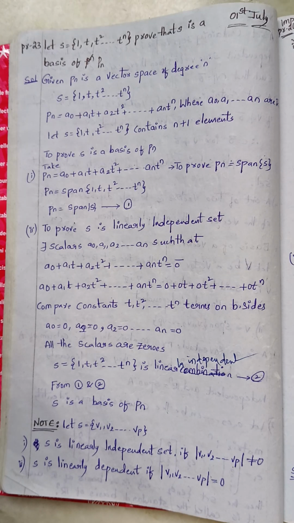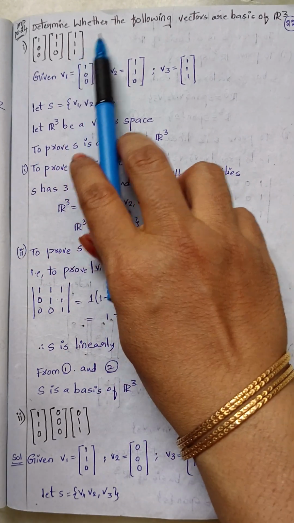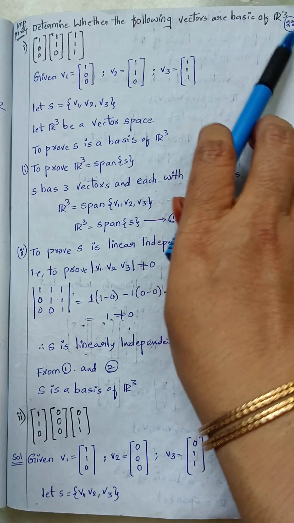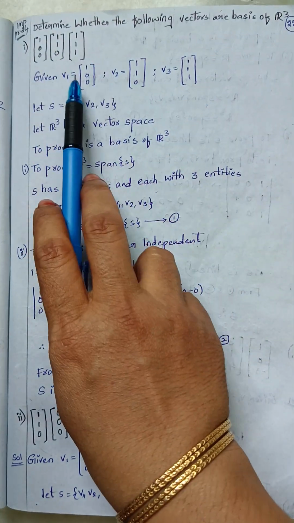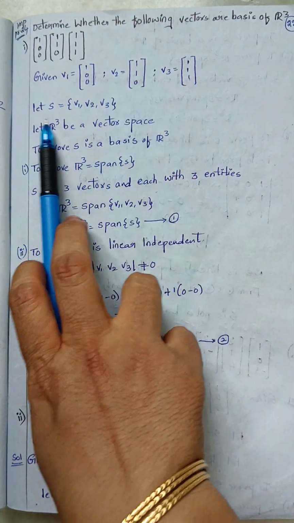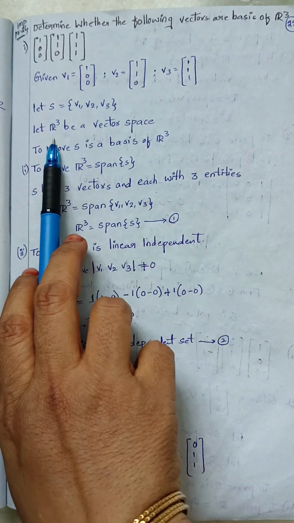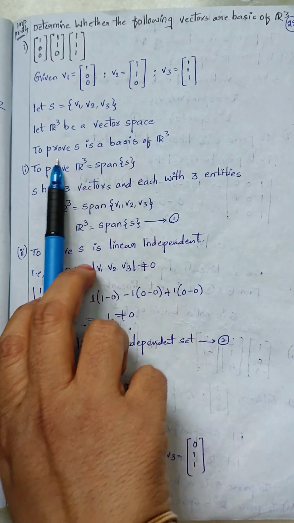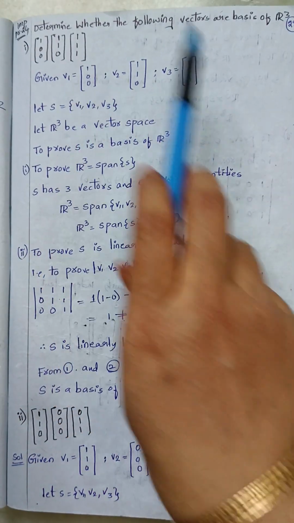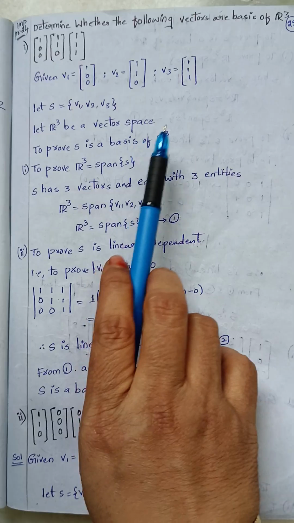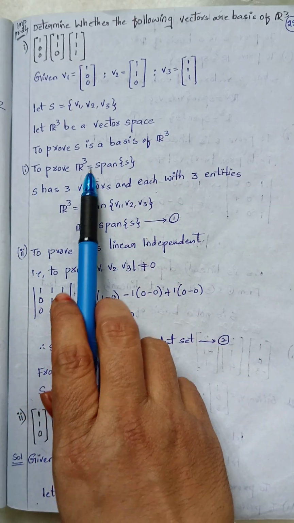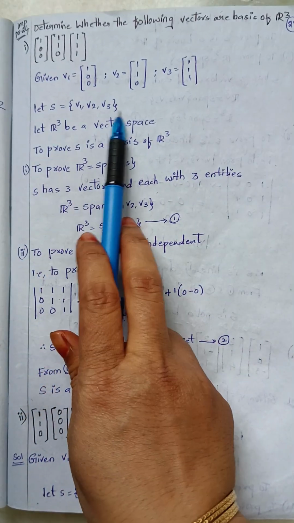Let us see problems. Determine whether the following vectors are a basis of R3. Here 3 vectors are given, call them v1, v2, v3. Take them as a set S. R3 contains 3 entries, that's why R3 is a vector space here. To prove S is a basis for R3, it is enough to prove two conditions. One is the span condition, that is to prove vector space R3 equals span of these vectors.